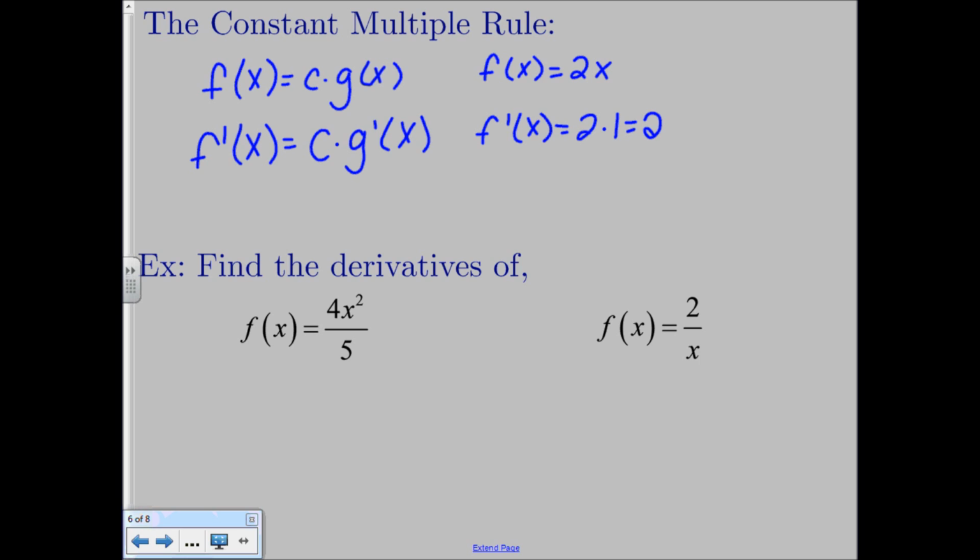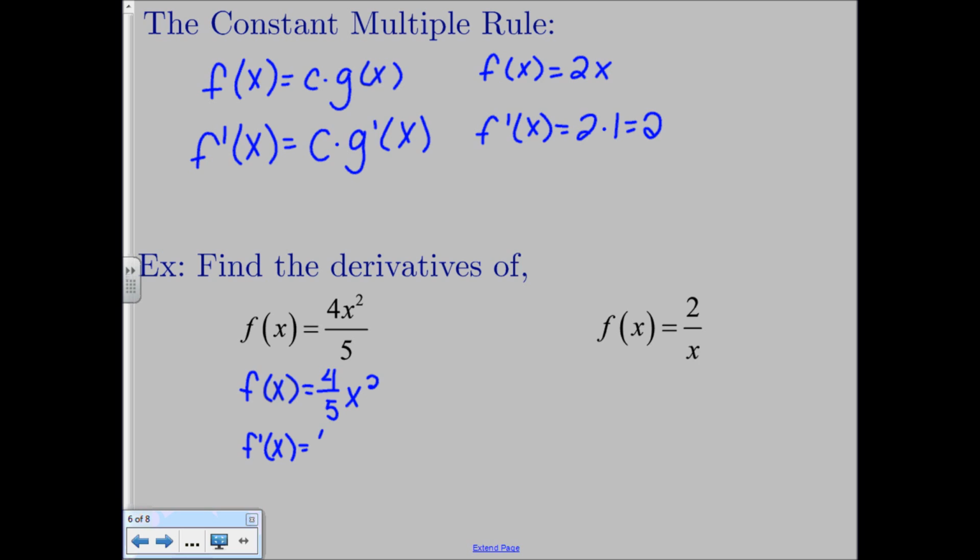Okay, so let's try out these two example problems here at the bottom. So 4x squared all over 5. That looks a little complicated right now because we have a denominator, but we can rewrite this function as 4/5 times x squared, because that's the same thing. You would just put the x squared up in the numerator. So now we can apply our power rule and our constant multiple rule.